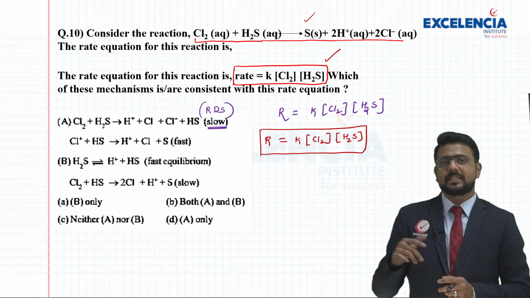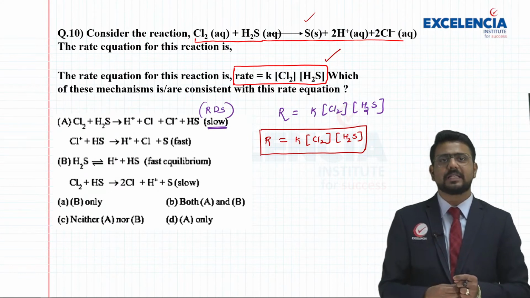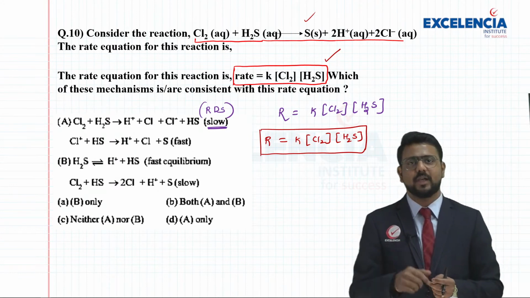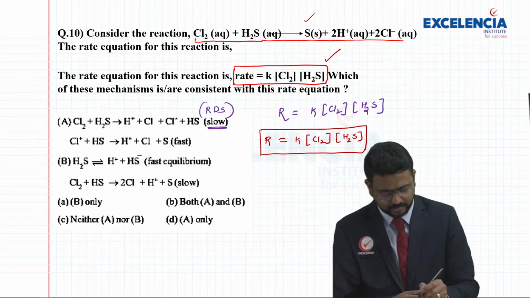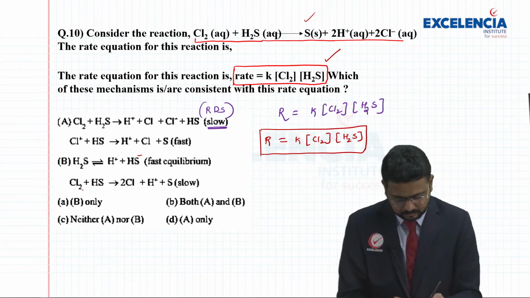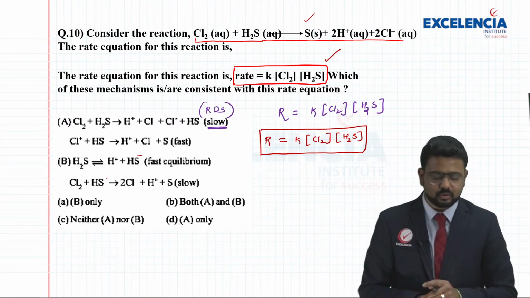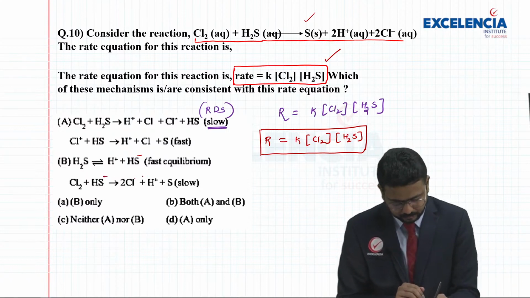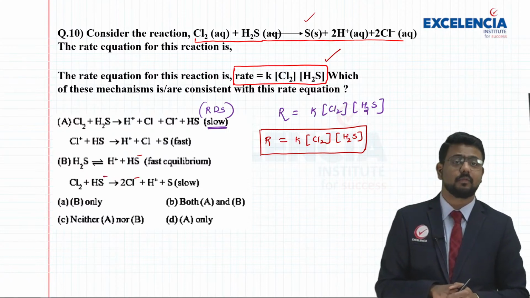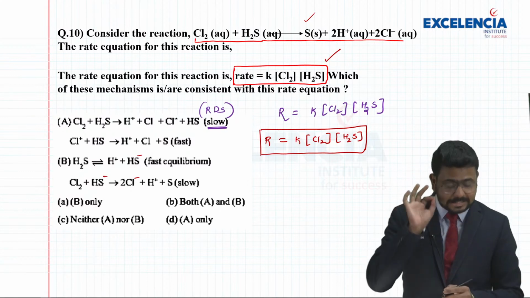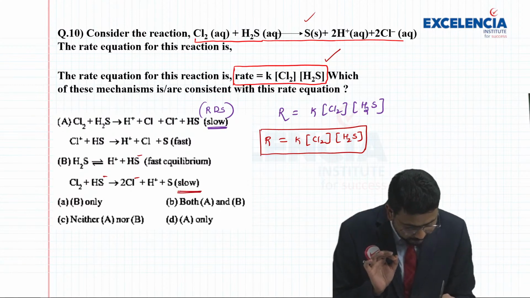Now, let's have a look at the second mechanism here. H2S reversibly gives you H+ and HS-, right? And then Cl2 plus HS- gives you 2Cl- plus H+ and S. Now, here if you notice, the second step is given to you as a slow step.